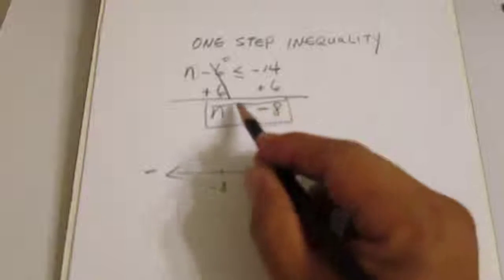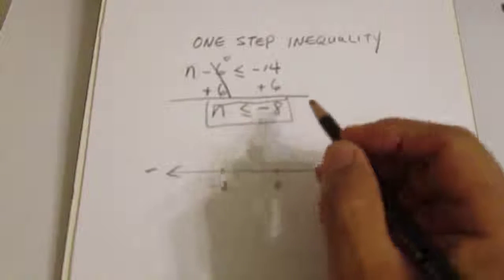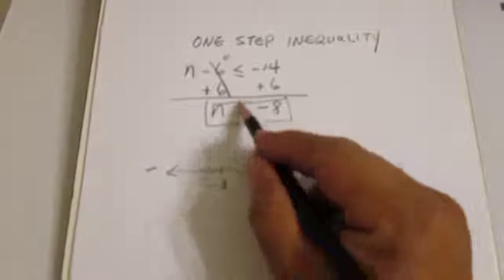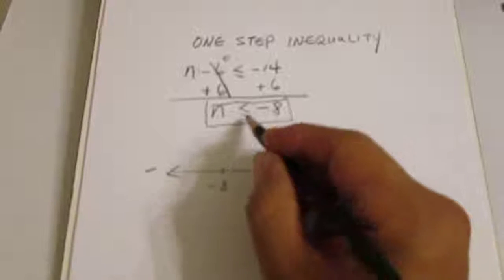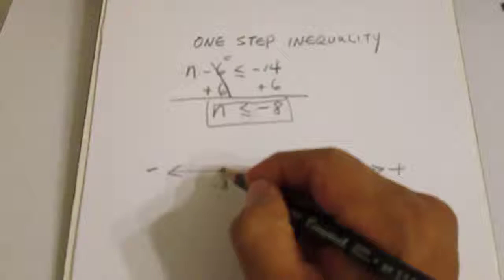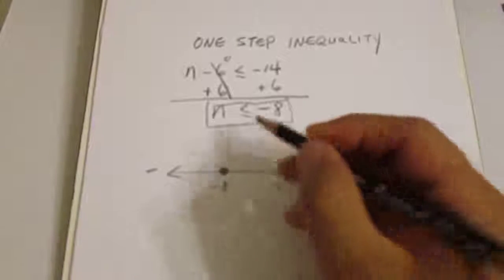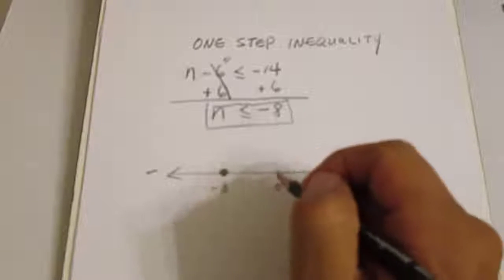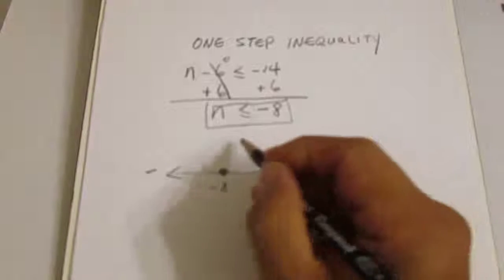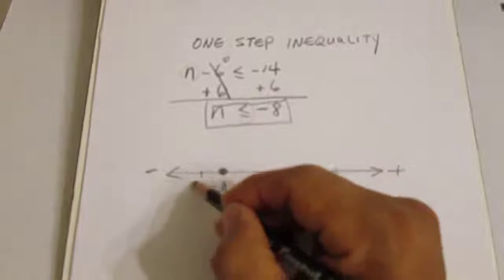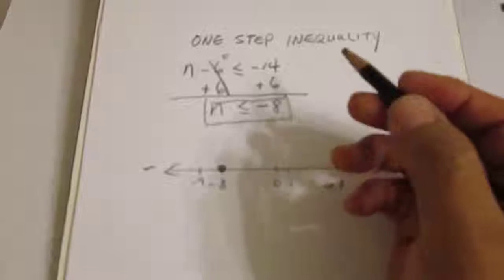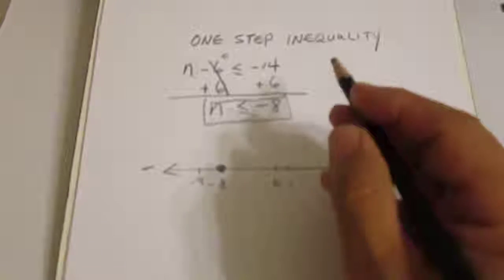Right off we look at the inequality part, and that's got equal to, which means I'm going to put a solid dot on negative 8. I'm going to test a point to the right, just 1, and negative 9 on the other side.